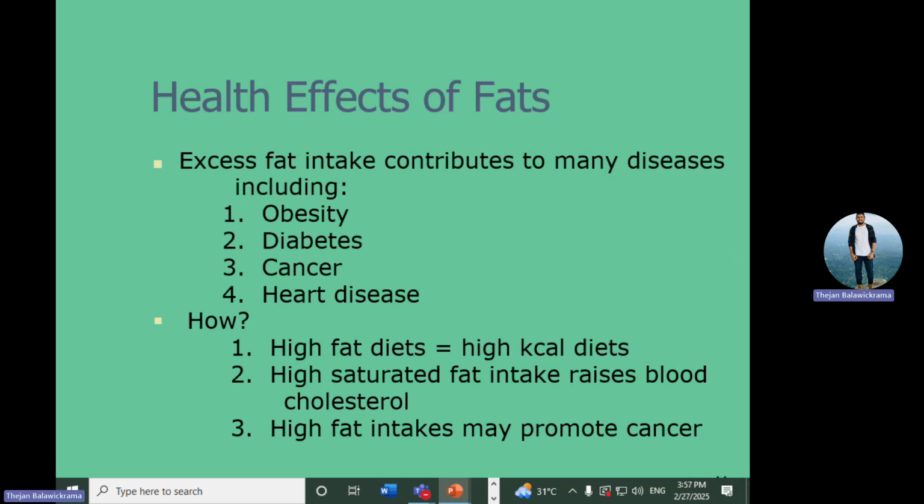Right. These are general things which we are familiar with. Okay. So the major problems are obesity, diabetes, cancer, heart disease. Those are the negative health issues that we have because of fats and cholesterol. We also know the high level of cholesterol, LDL.